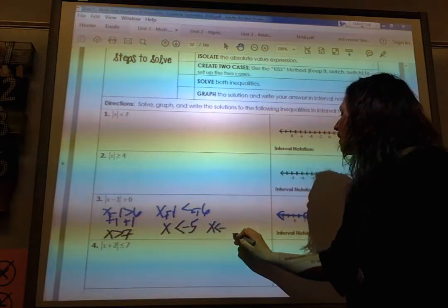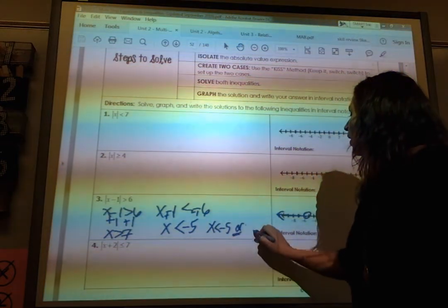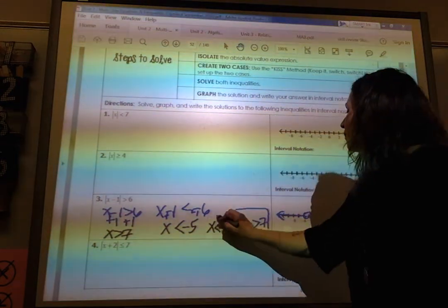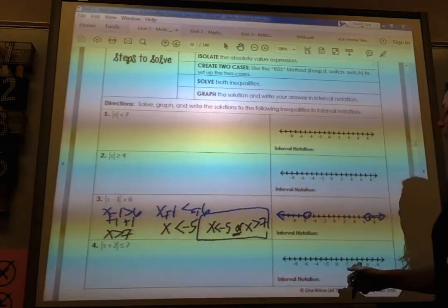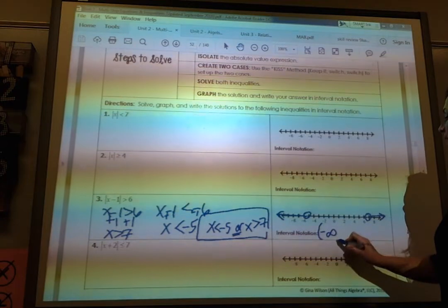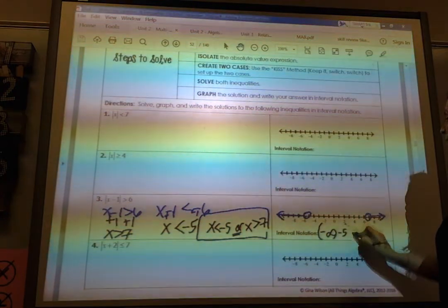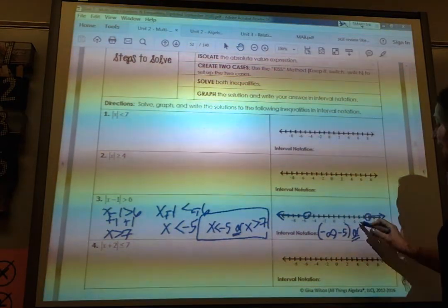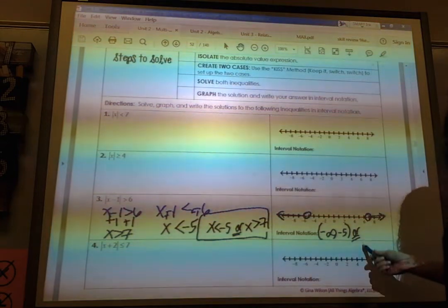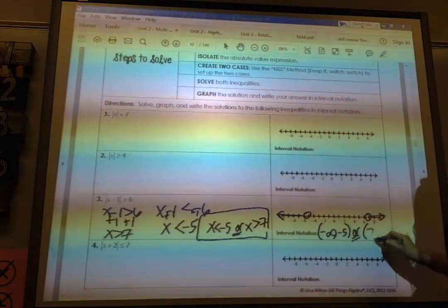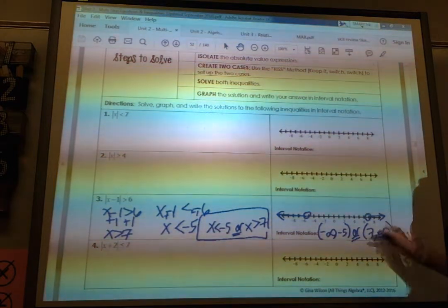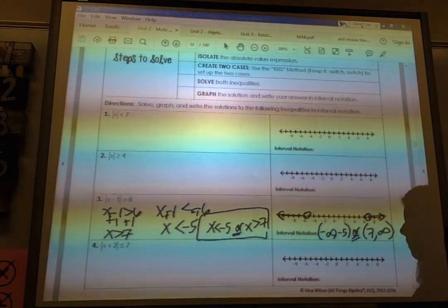So x is less than negative 5, or x is greater than 7. And I box that answer. I've graphed it, and my interval notation is negative infinity to negative 5. Or, and highlight this, because a lot of times students miss this word or, and you've got to have it on there. Or 7 to infinity. So that's my interval notation.